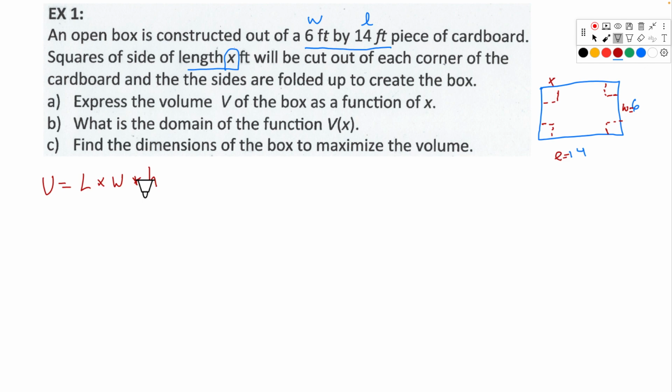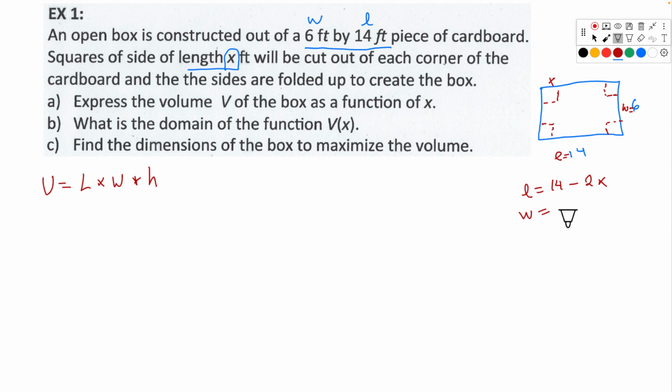And then over here, thinking again, going from the paper when I fold it up, what is this new length going to be? Started out at 14, but I cut x's off of each end, so now what is its length? 14 minus 2x.